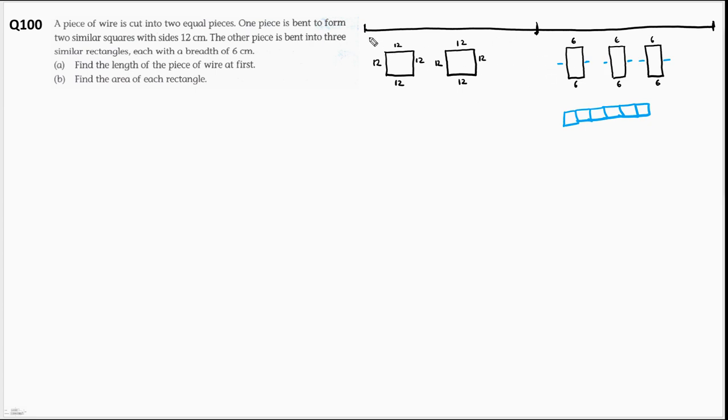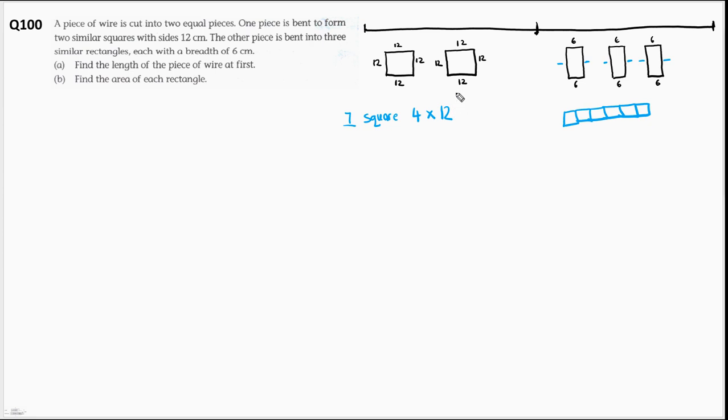Okay, let's go back to here. Let's see how this information can help us, because let's look over here. We don't have any values missing here. We have two similar squares, and we know that each side is 12. So let's look at one square. One square has 4 times 12 centimeters of wire in it.